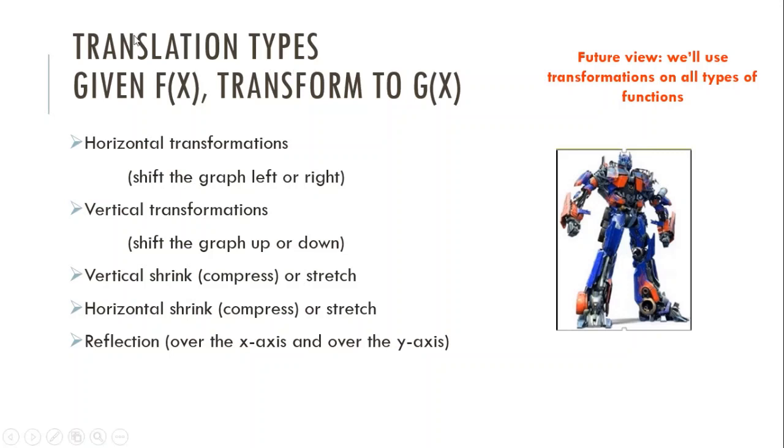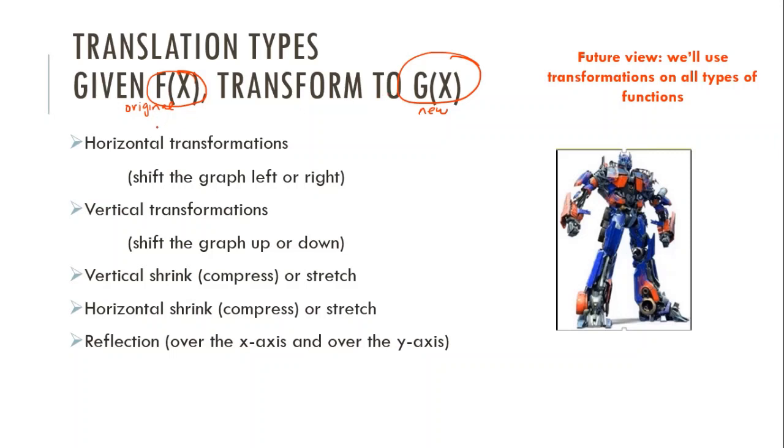So there are several transformation types that we're going to talk about, where we're given our original function, f of x, and then we transform it to a new function, g of x. Now we just typically use this notation, f of x to g of x, but just know that you could use different names for your functions, but all of our examples, I believe, use f of x to g of x.